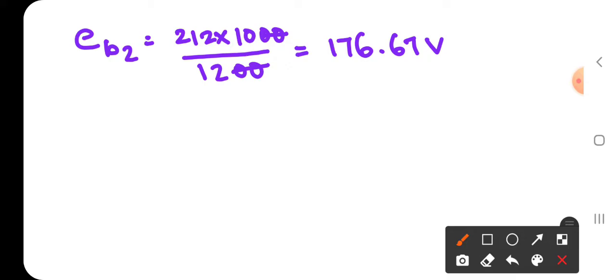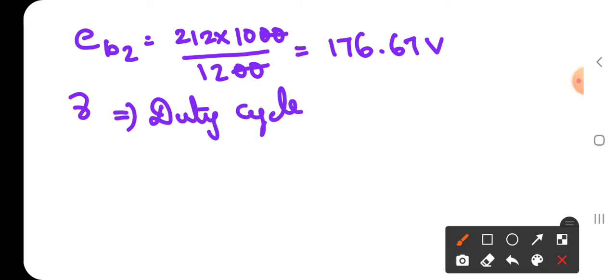Now, let us consider gamma as the duty cycle. For effective braking, what is the value of resistance?